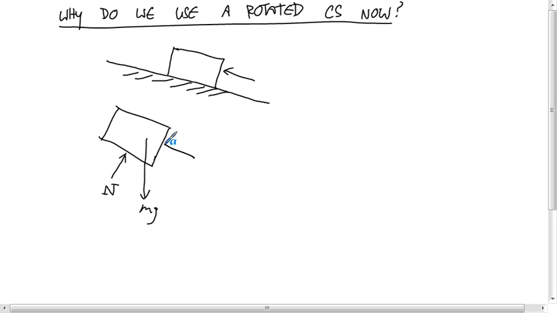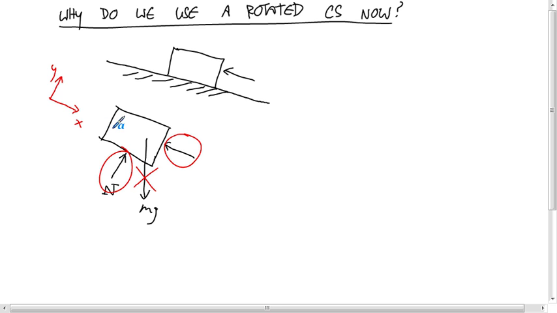You have a force like this. If your coordinate system is rotated, so your x-axis is parallel with the surface, then rotating the coordinate system makes this one easier. It makes this one easier. It makes this one harder, unfortunately.